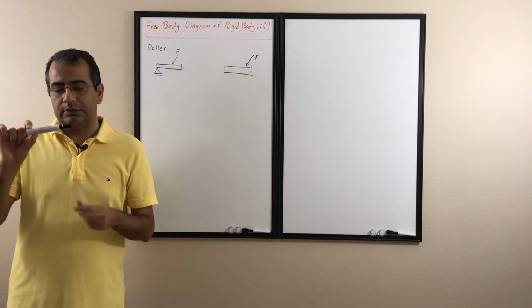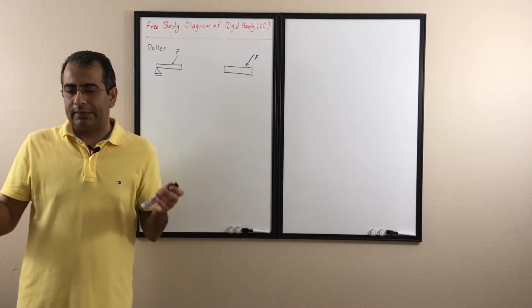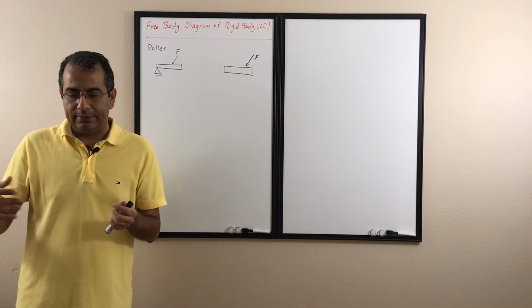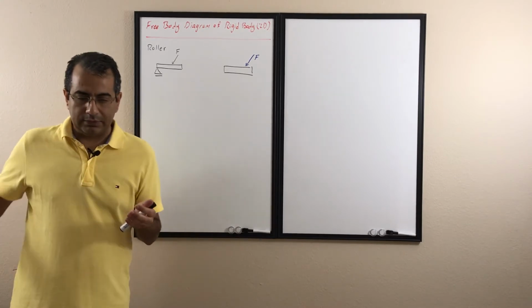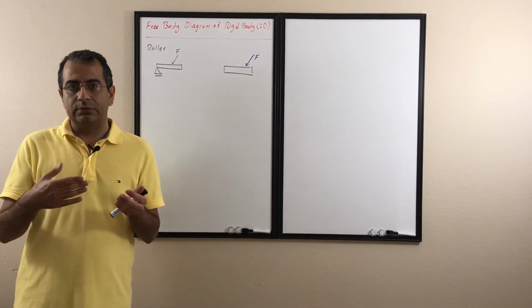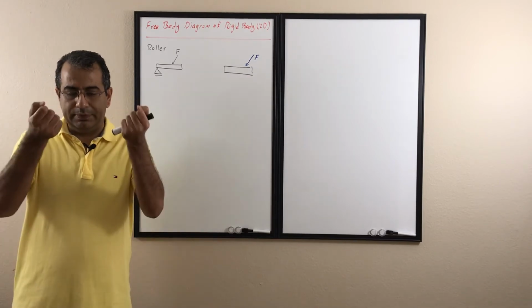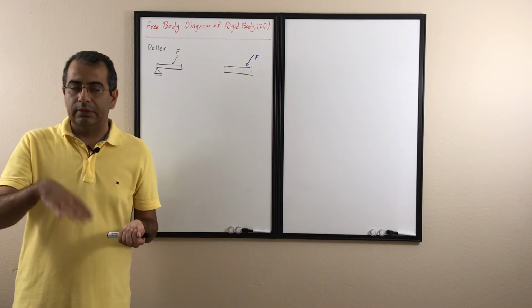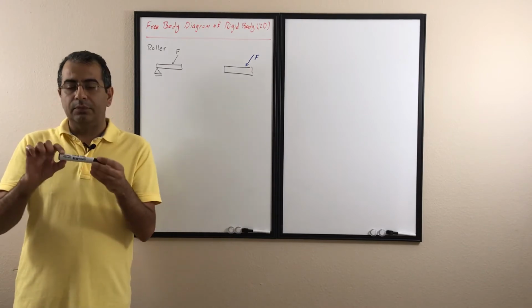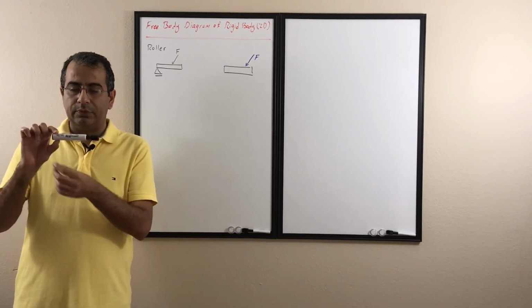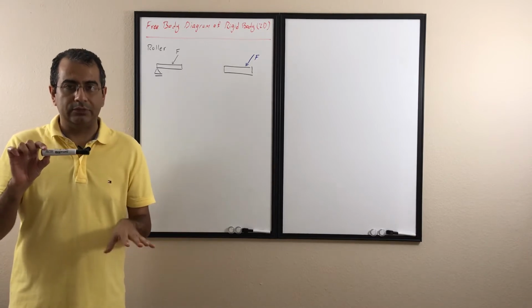The roller support is like a wheel. If you assume a car and there is a wheel, that wheel doesn't stop the car moving back and forth. And if you, for example, bring up one side of the car, it doesn't stop it from rotation, but it stops it from going down in the case of the car.